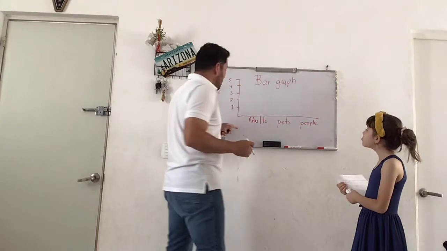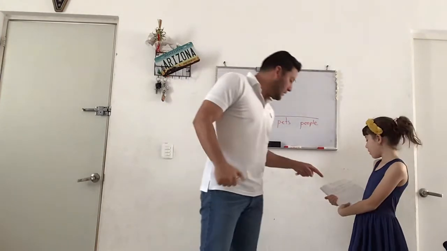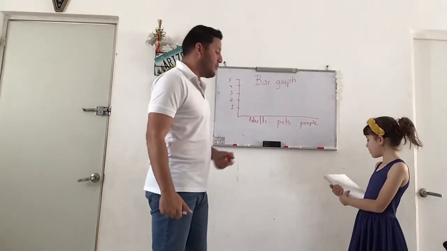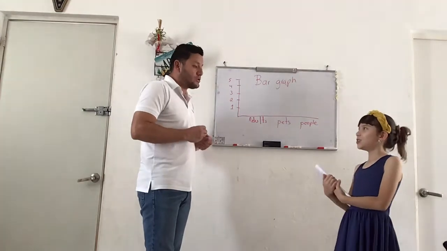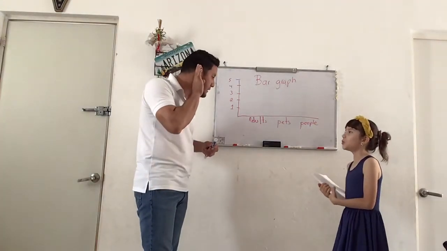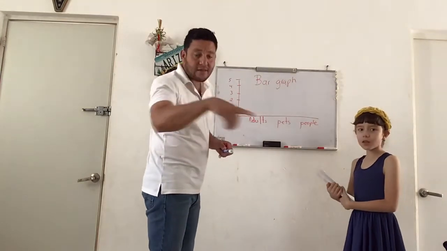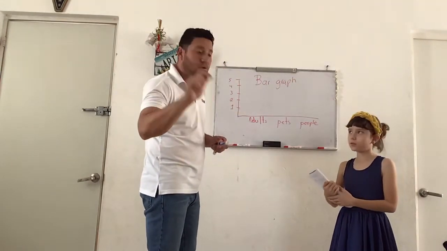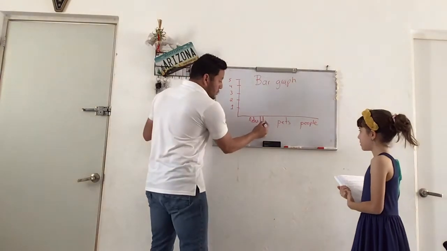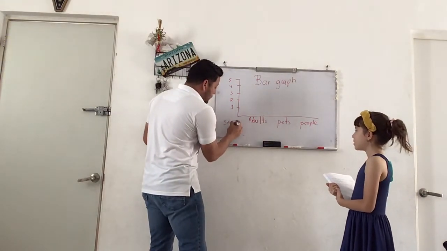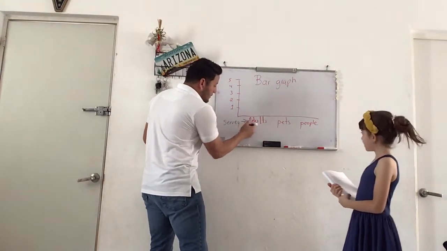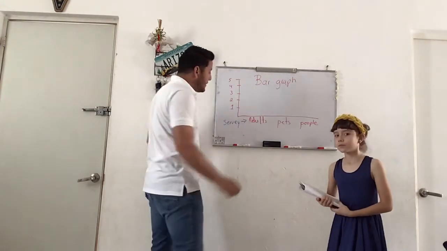So how many adults, Bianca, are there in your family? 2 adults. So she says that there are 2 adults, okay? So we go into the survey. Remember, these are your surveys, okay, guys?